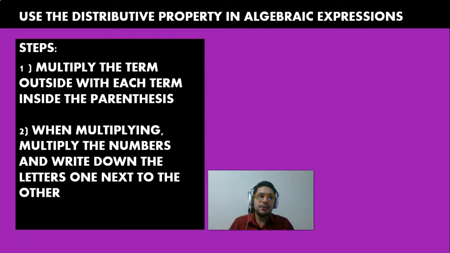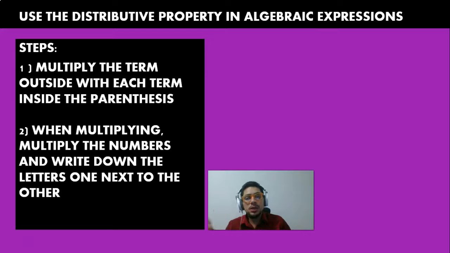But if you have a variable, for example x times y, you write xy. x times 2y, you multiply first the coefficients, so 1x times 2y, 1 times 2 is 2, and x times y is xy, right? Don't forget that.